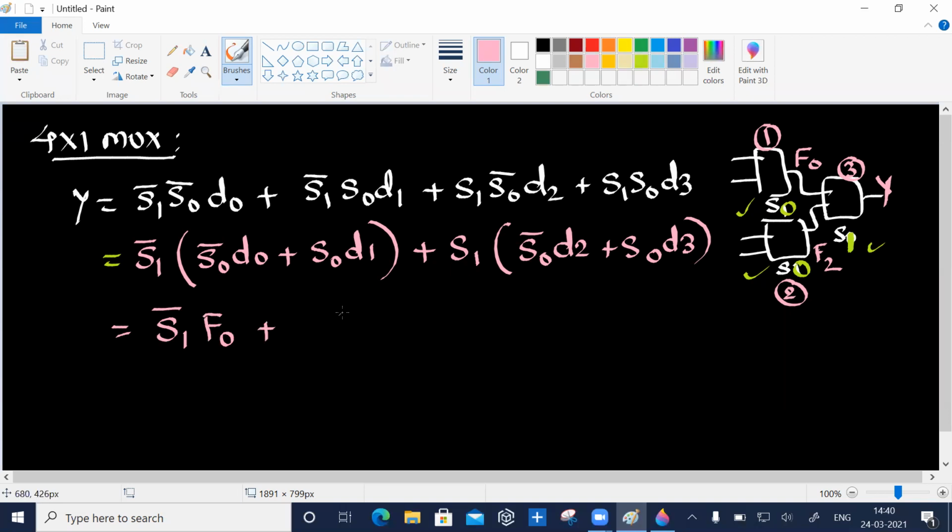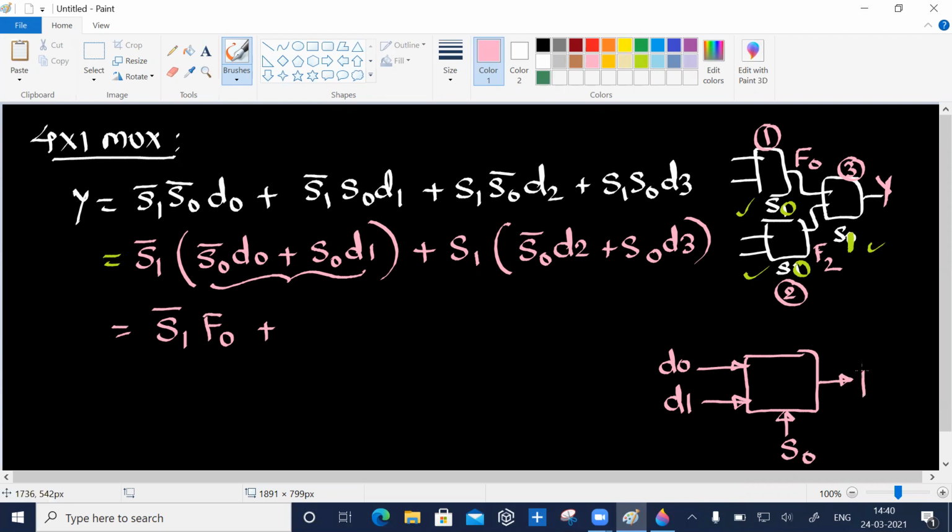Yes, because you can realize this using a 2 by 1 mux. You have D0, D1 and select input S0. Output is F0. Is there a 2 by 1 mux here? Yes, that's what you have here. Similarly, I also have S1 and F1.